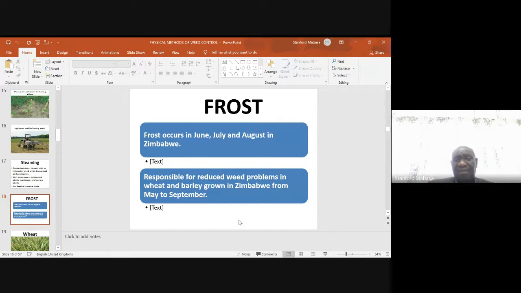Frost, this is natural frost, which can occur in Zimbabwe around June, July, August. Now, this is actually responsible for reducing weed problems in wheat and barley from May to September.